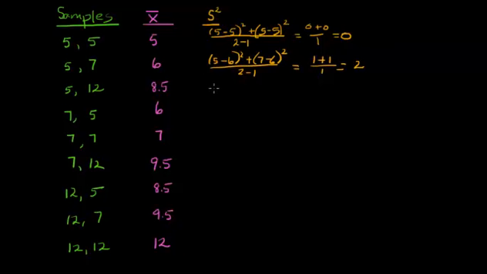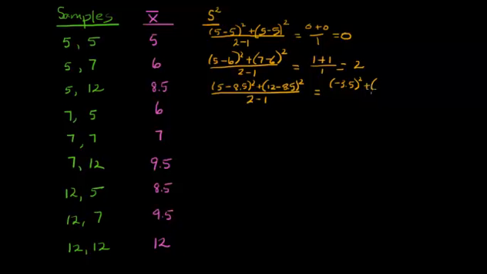Okay, and then let's do this for 5 minus 8.5 squared plus 12 minus 8.5 squared all over 2 minus 1. Okay, 5 minus 8.5, that's negative, I'm going to write this one out, 3.5, be sure we all get it.